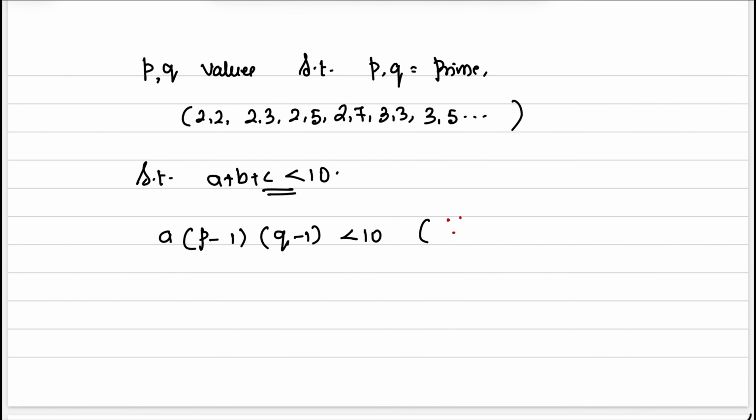The problem is that a plus b plus c is equal to a into p minus 1 into q minus 1, and a, b, c are distinct.